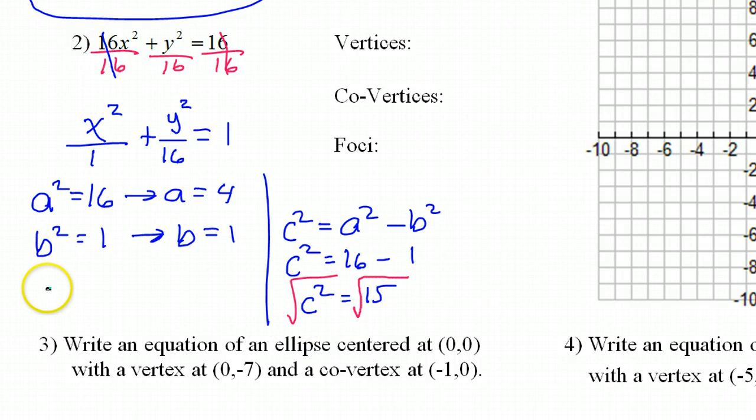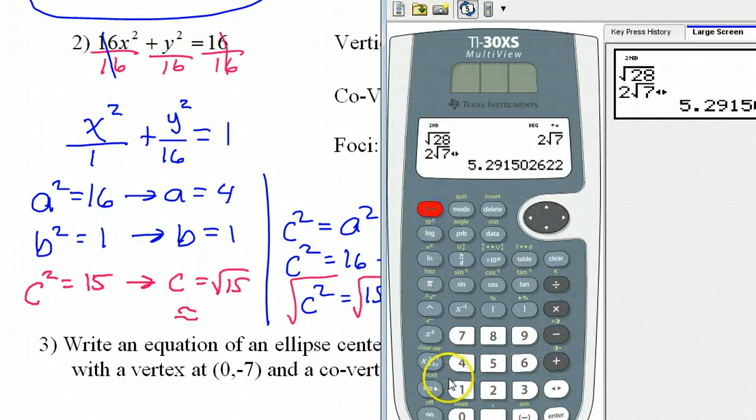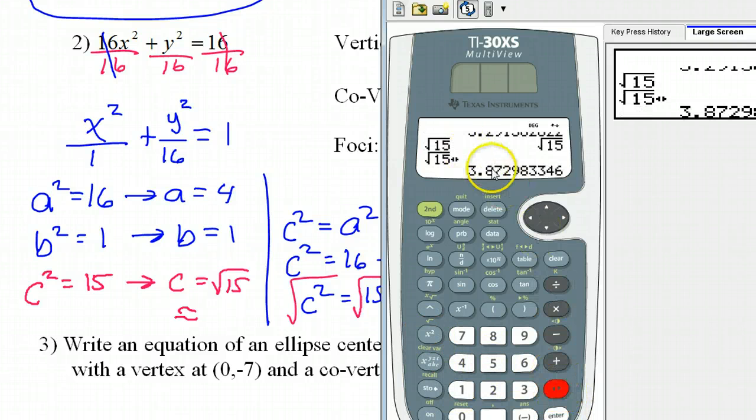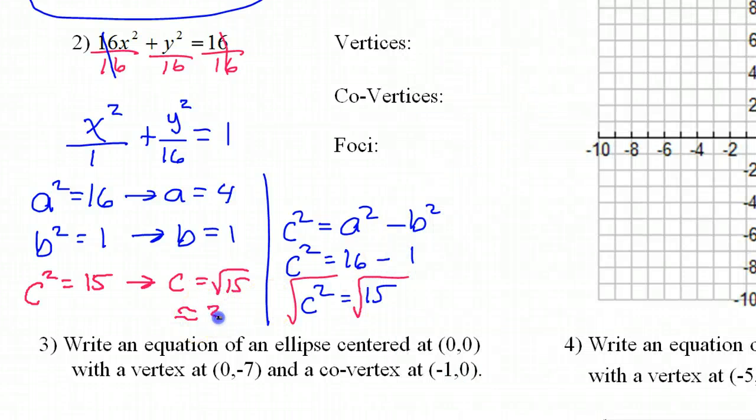So c is equal to the square root of 15, which is approximately equal to 3.9 if I round up. Okay, so now I have a, b, and c.